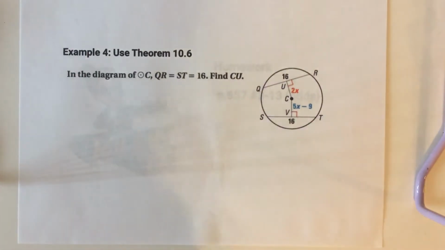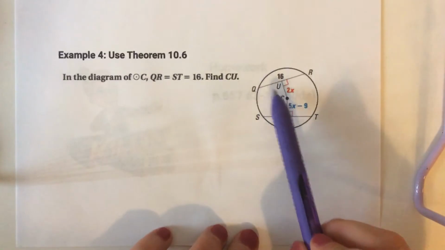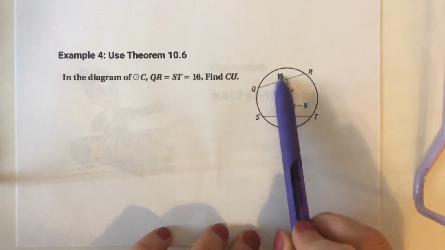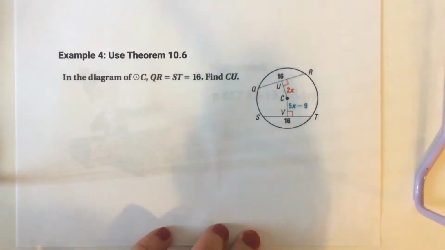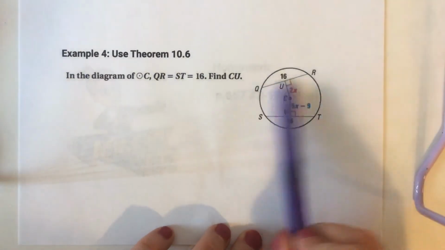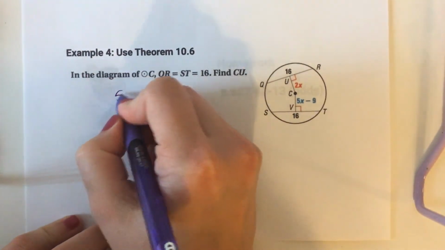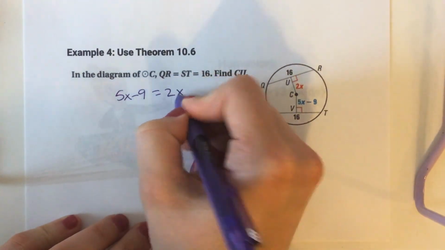So take a peek at this example. In the diagram of circle C, QR equals ST, and they're both 16. They want us to find the length of CU. Using that last theorem, if these chords are congruent, these have to be equal. So we can set up the equation 5x minus 9 equals 2x.